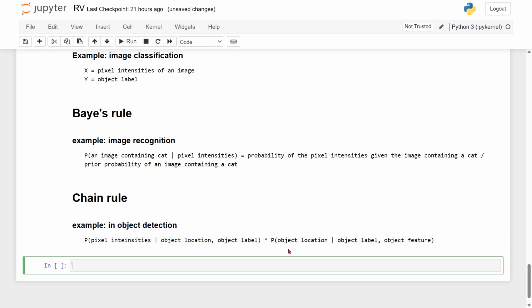Okay, so that's the example for chain rule.